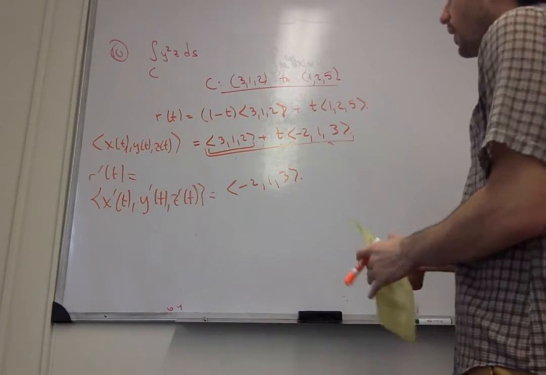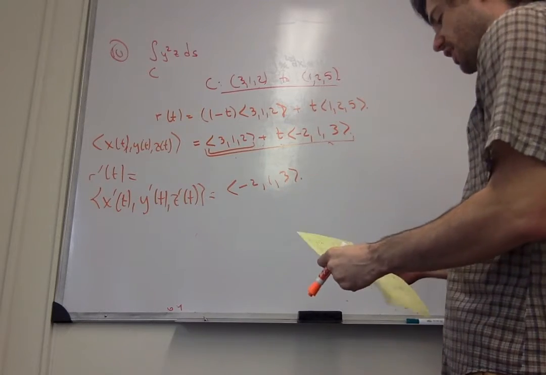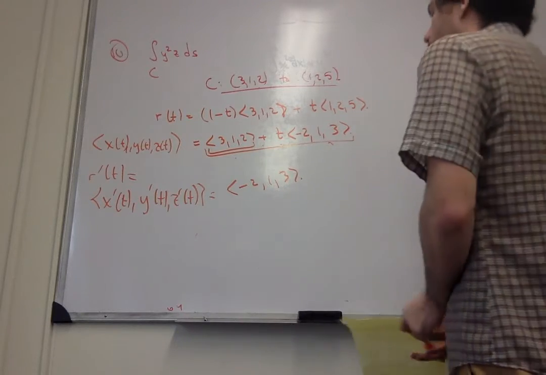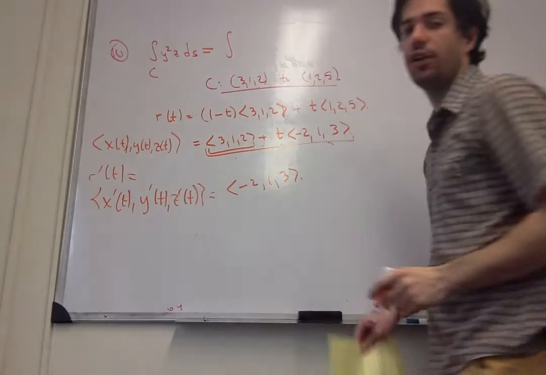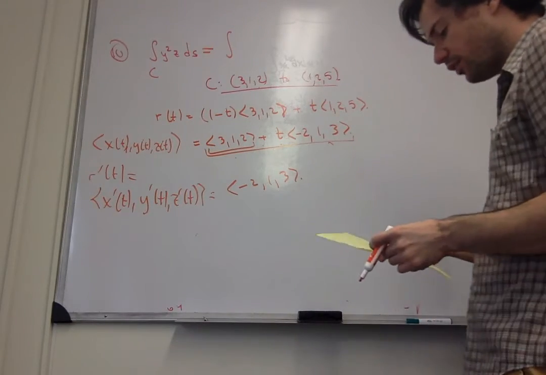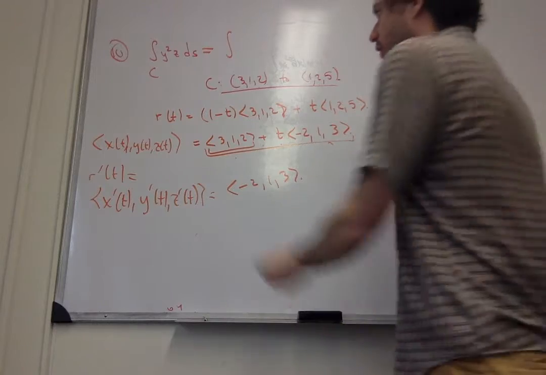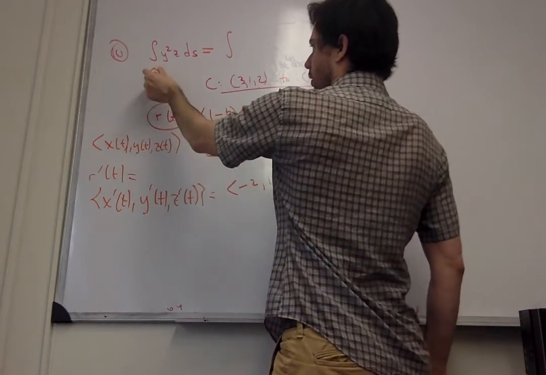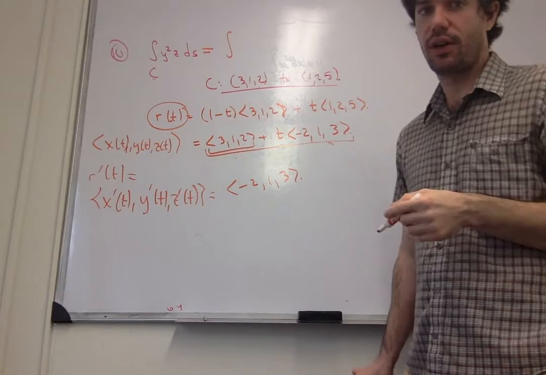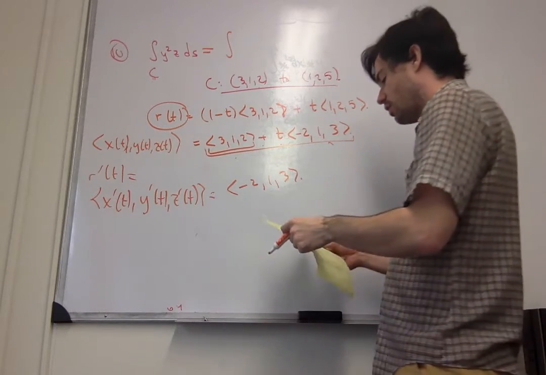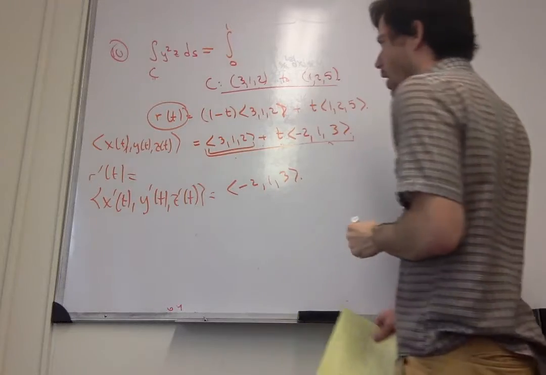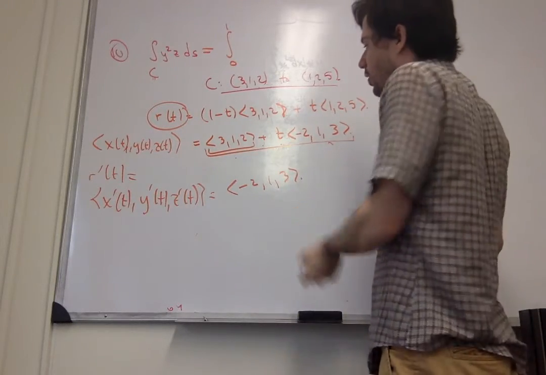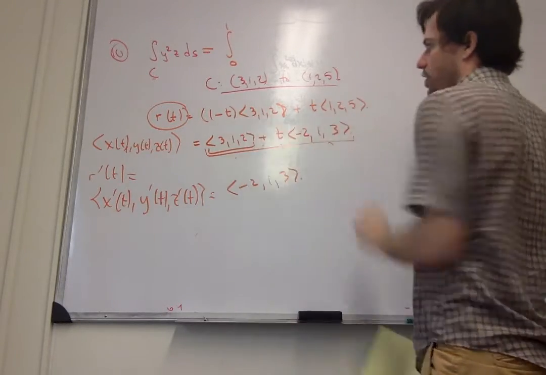Now that we have all this taken care of, we can actually get down to business. I want to use this R of t as the parameterization of C. So I'm doing my integral from 0 to 1. Why? Because that's what I said a second ago, and if you look at this equation, it makes sense.